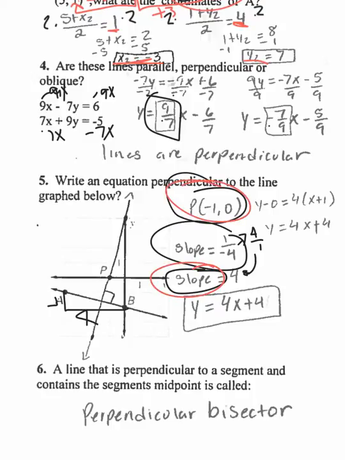Then what you'll have on a formula chart, you plug it into point slope form, and that's y minus y1, right? y1 from the point, equals slope times x minus x1, and that's x1.